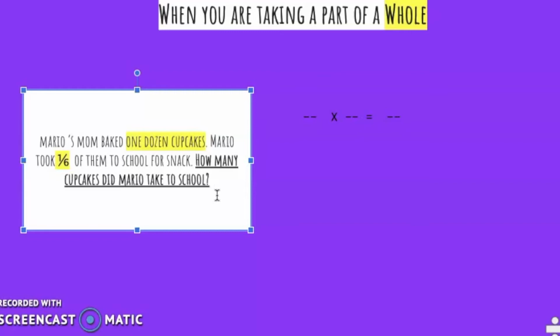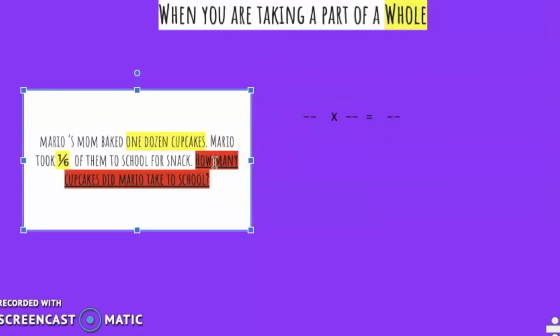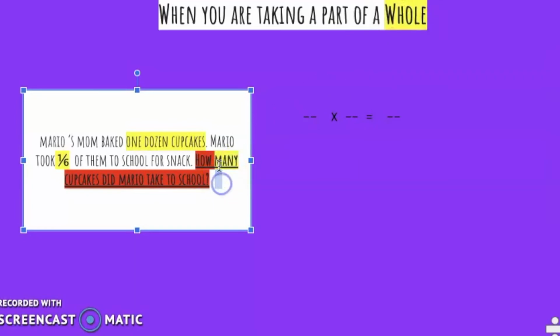So I don't want you to get confused because it says here that they baked 1 dozen cupcakes, and you may think that that's your total. The question is very important. It's asking you how many. So it's asking you for a total. How many cupcakes did Mario take to school? So in this case, guys, you are still looking for a total.